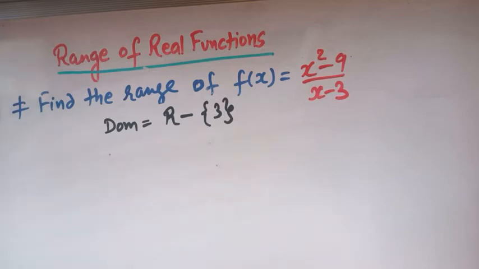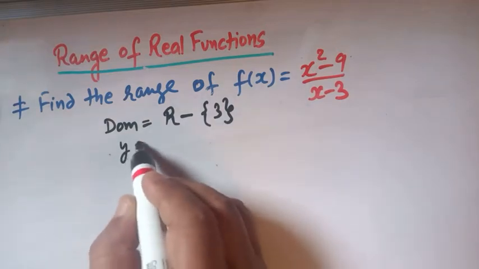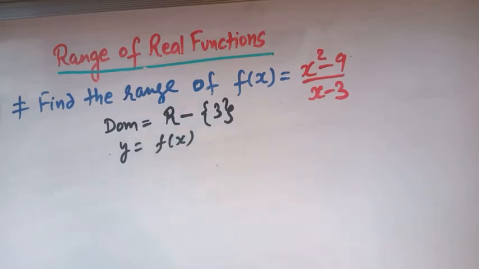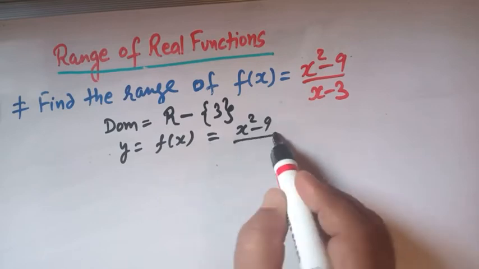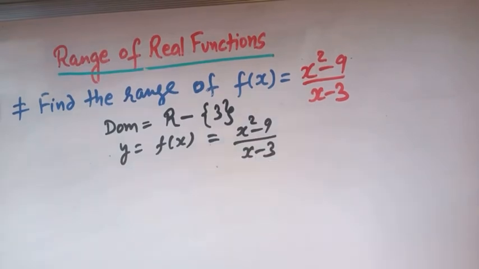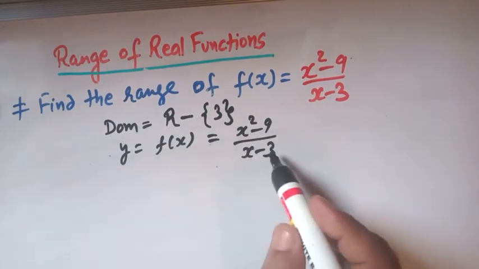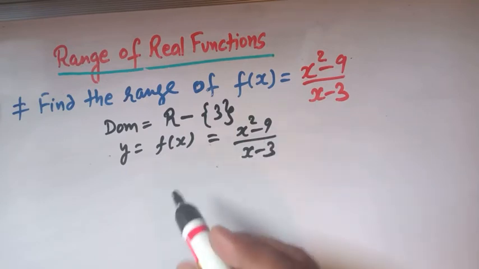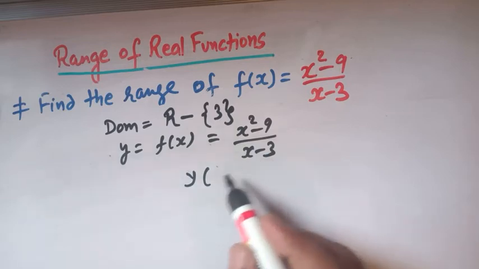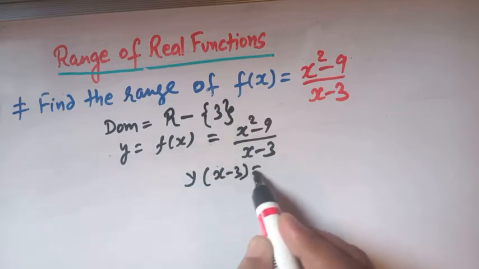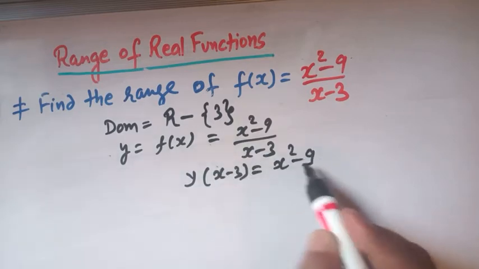Clear? Now to find the range, we'll assume y is equal to f(x), and here we have f(x) is equal to (x square minus 9) over (x minus 3). Now we'll solve it for x. So here we'll multiply it with (x minus 3): y times (x minus 3) is equal to x square minus 9.